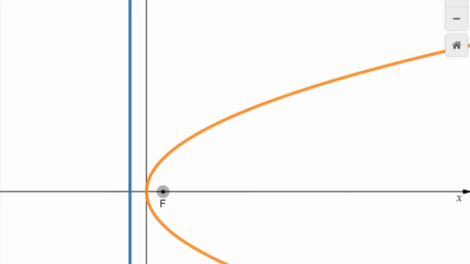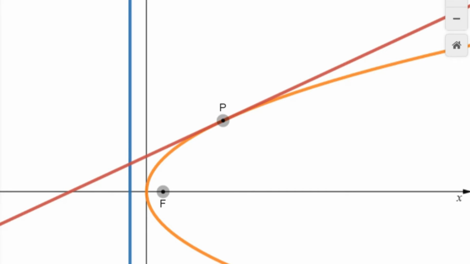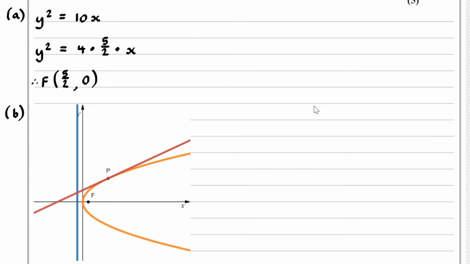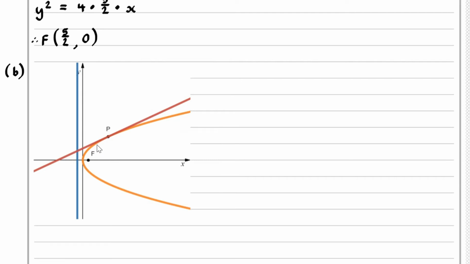We have some point P on the curve, and what we need to do is find the tangent at this point P. So you can see the curve, the point P, the focus, the directrix, and this tangent, and we need to find that tangent.